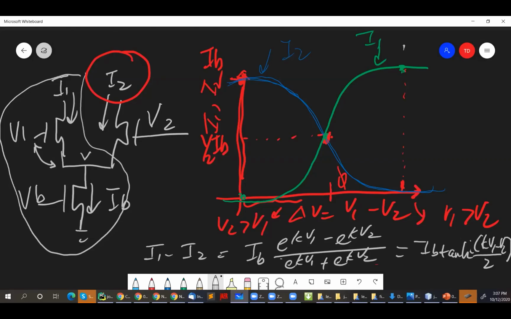It looks like a tanh. So basically, if I have to redraw the curve, let me draw this equation here. So this will be now I1 minus I2, right? And this would be, again, V1, forget about the kappa. So it's V.